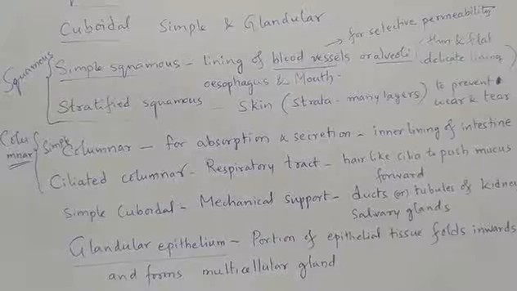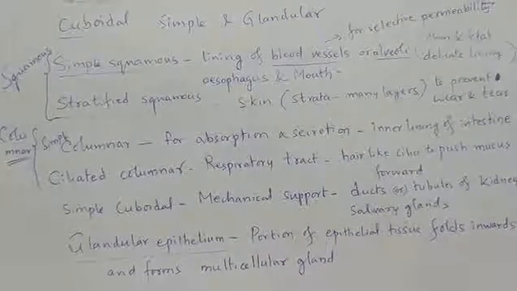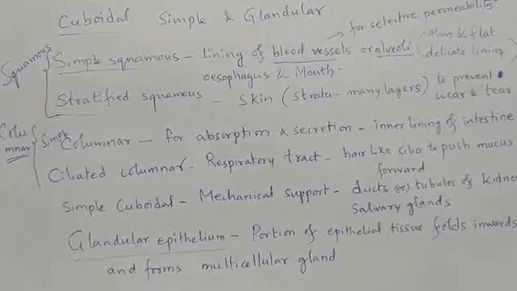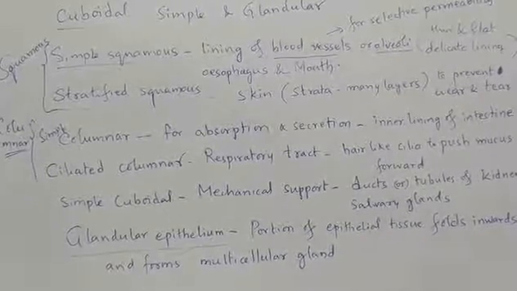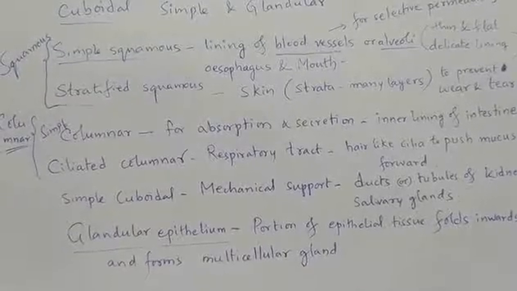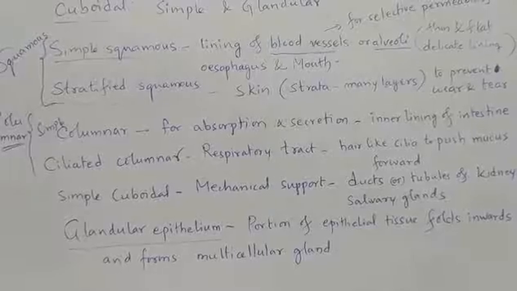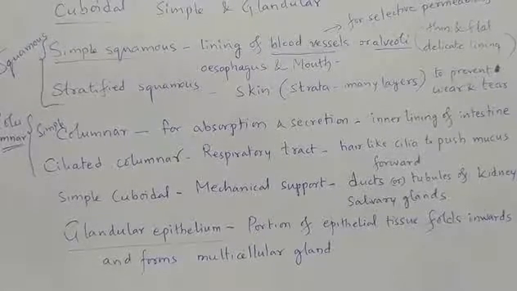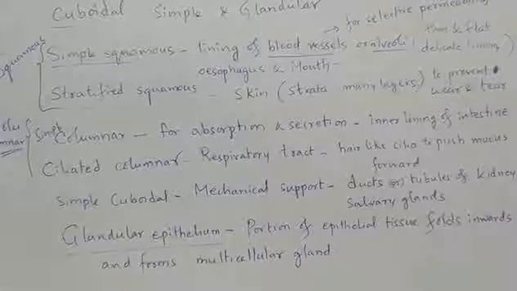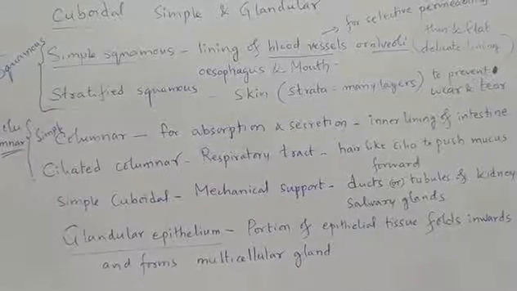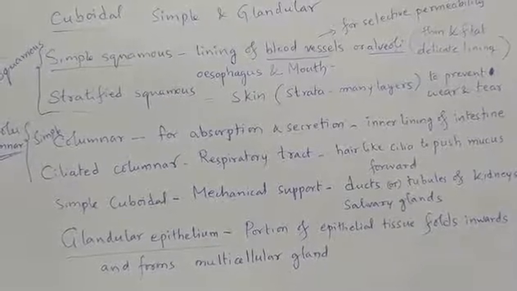Columnar epithelial tissue. Simple columnar epithelial tissue. It is mainly meant for absorption and secretion. Both absorption and secretion functions are carried out by the inner lining of intestine. In terms of secretion, the inner lining of intestine releases the intestinal juices.